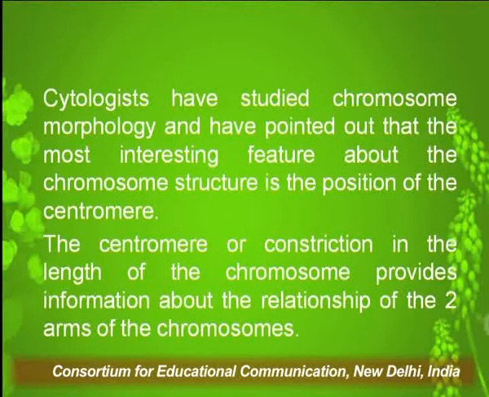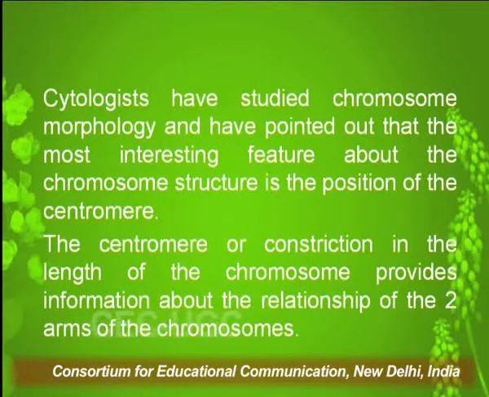Now, cytologists have studied chromosome morphology and have pointed out that the most interesting feature about the chromosome structure is the position of the centromere. And this position of the centromere has also helped to solve taxonomic problems.